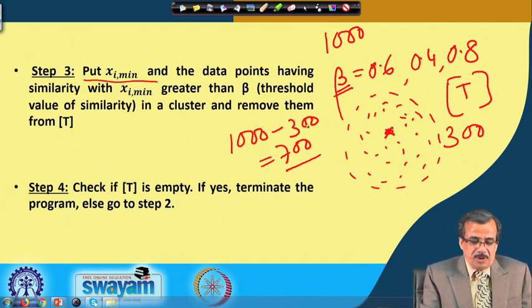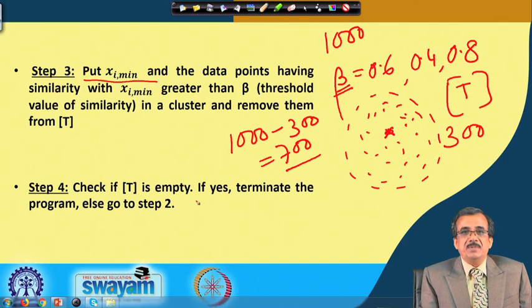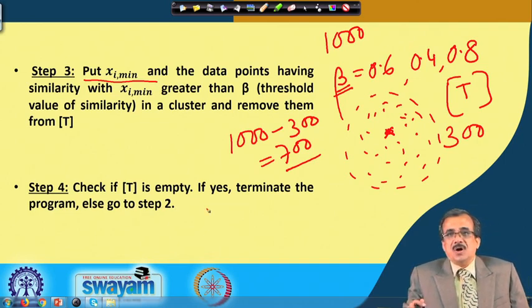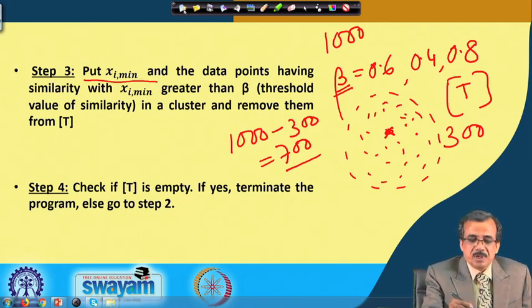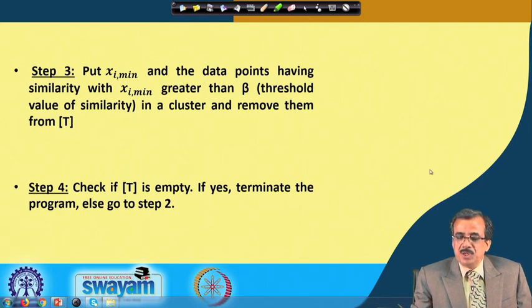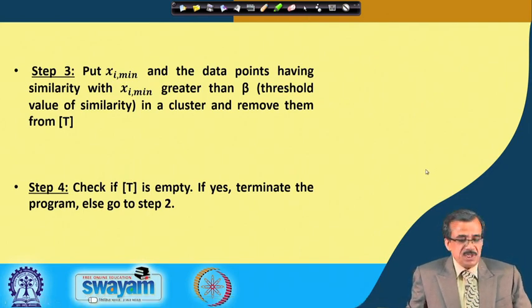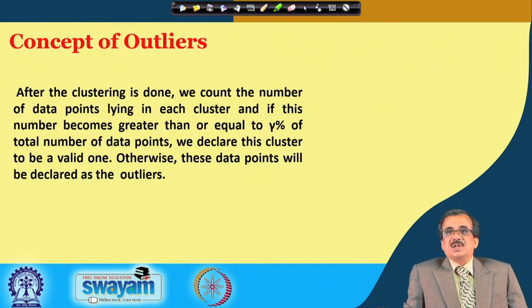Now, step 4, check if T is empty. If yes, you terminate the program. That means all the data points have been put in some clusters, else we go to step 2. That means we repeat from step 2 to step 4. So, this is the way we do the clustering using the entropy based fuzzy clustering.